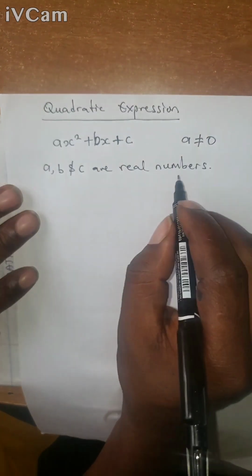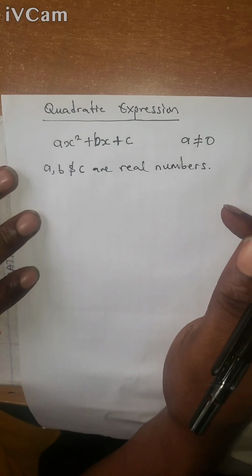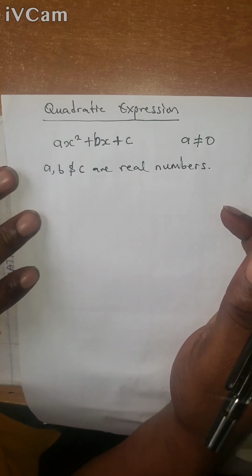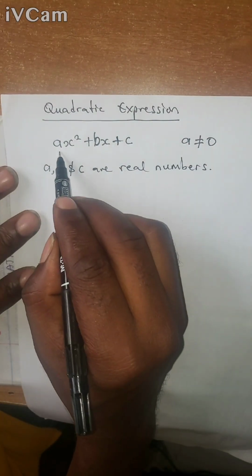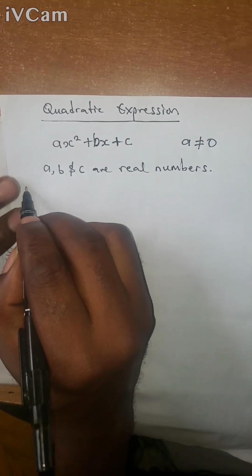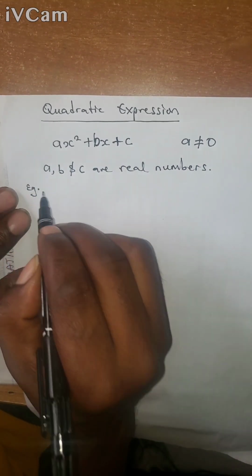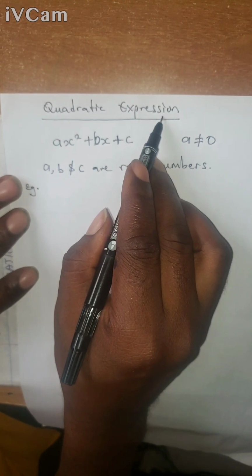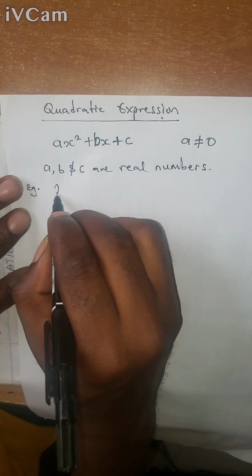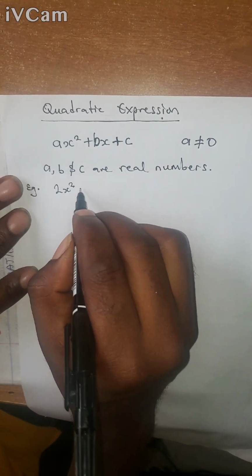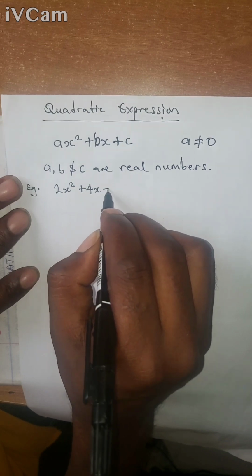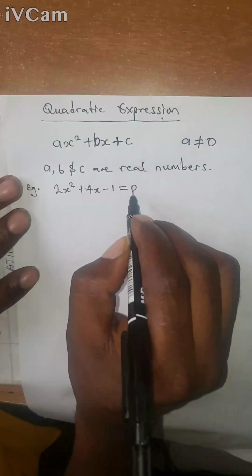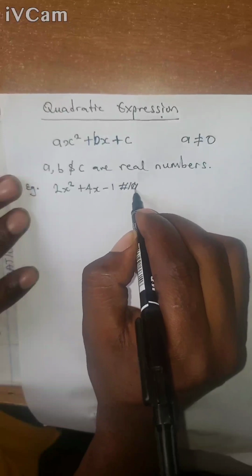So what do we need to do? Let's have examples. Let's look at little examples of quadratic expression. We can have 2x squared plus 4, which is an expression, not an equation.